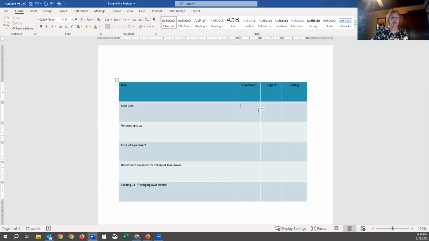I wouldn't spend a ton of time on this, being too analytical. That's not where you want to put your time and energy on a risk list. You can pick your scale. If your organization already has a scale that you use, I would go with that. Some people say 1 to 4, because not having a neutral number and forcing you to pick is helpful.